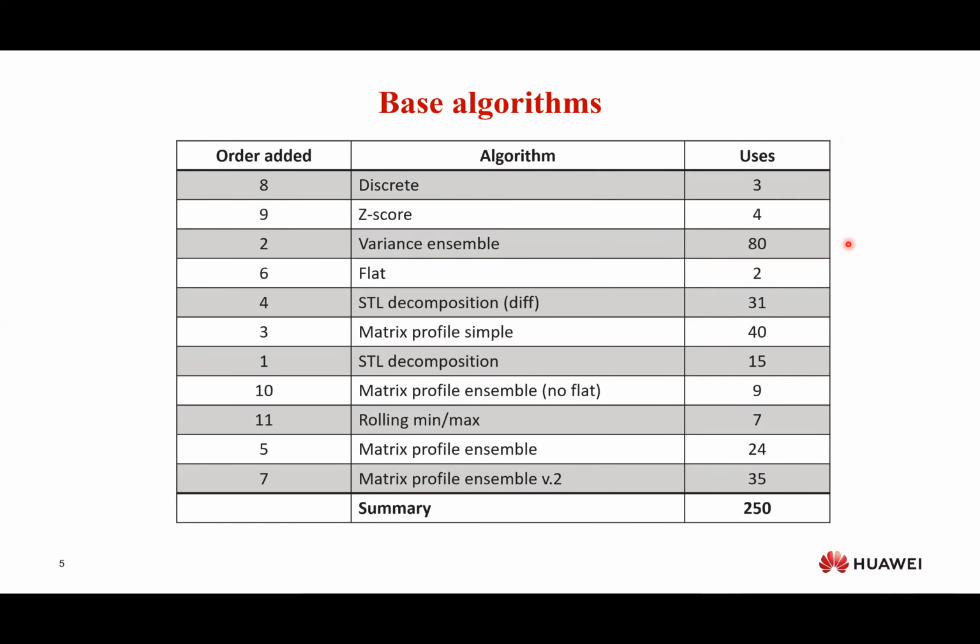We also have, for example, this variance ensemble. It tries to find areas with abnormal variance in a sliding window, and it considers both high variance and low variance. Here we have an ensemble over different window lengths and whether different pre-processing steps should be used or not.